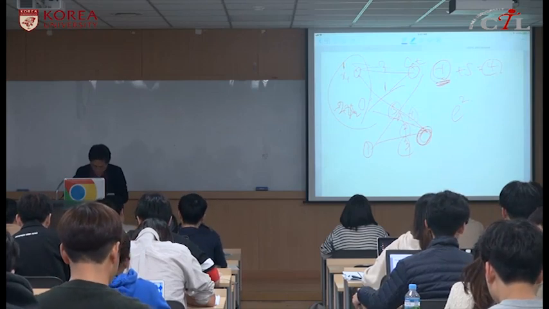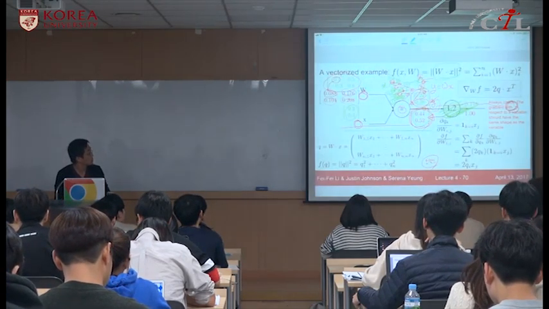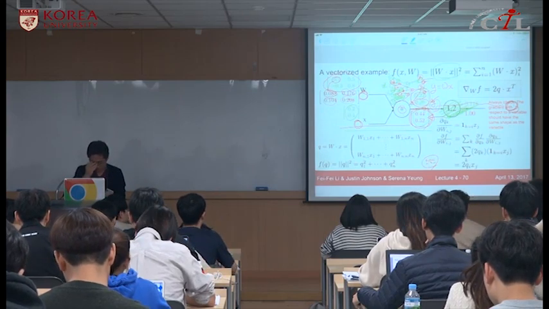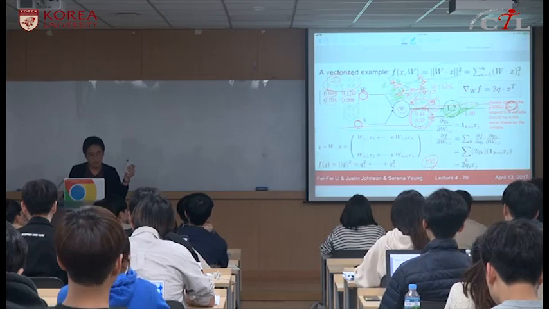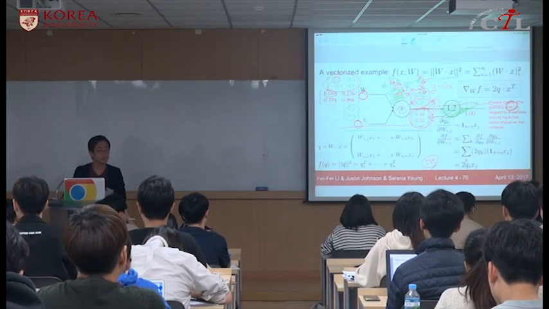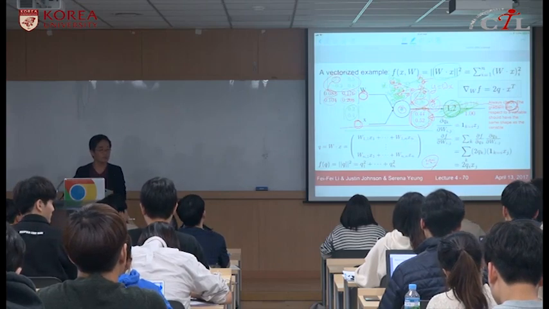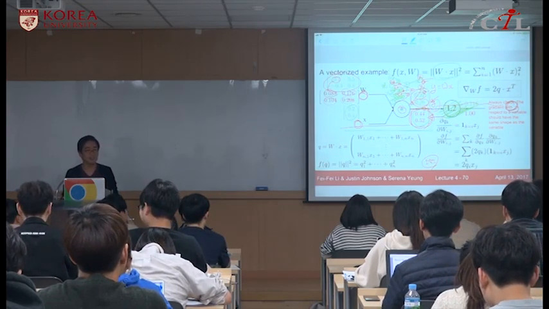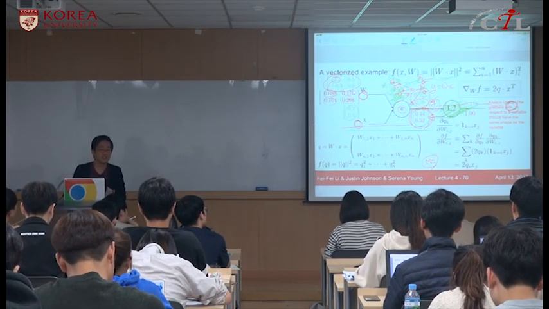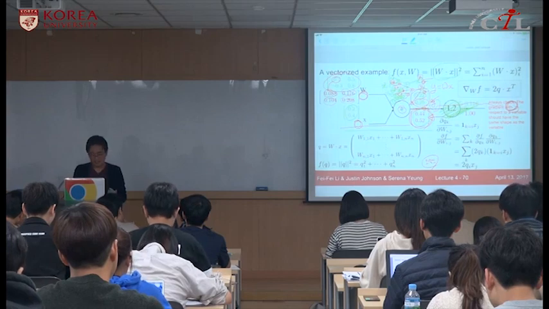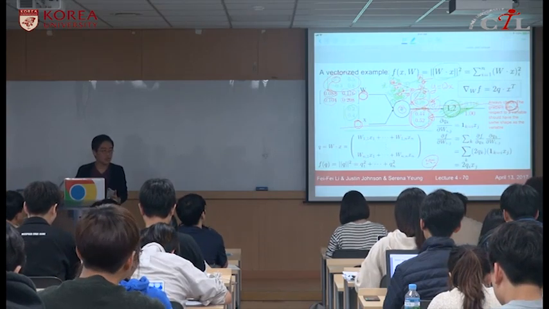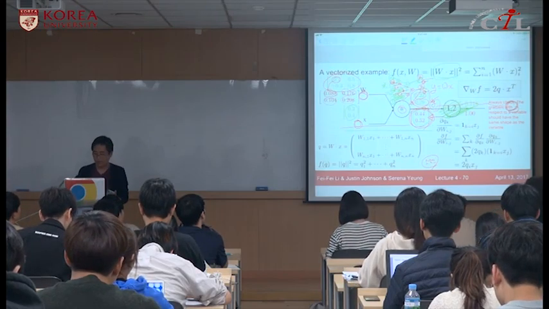Let me continue a little bit about this vectorized form and its gradient. We learned at the end of the last lecture that this vectorized form of a computational graph is just a compact form of a computational graph composed of all the scalar components. It's just a rearrangement of our scalar variables or parameters into a vector or matrix form.